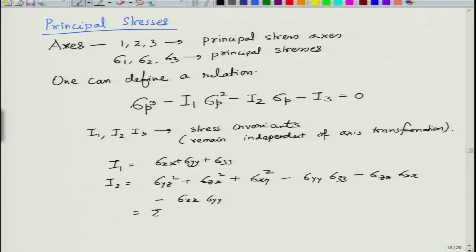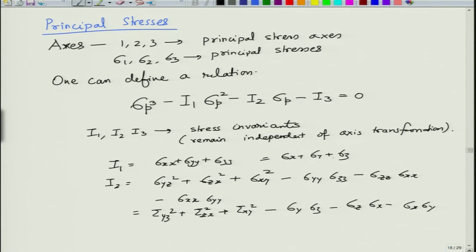So you can write them as tau yz square plus tau zx square plus tau xy square minus sigma y sigma z minus sigma z sigma x minus sigma x sigma y. So this becomes sigma x plus sigma y plus sigma z.